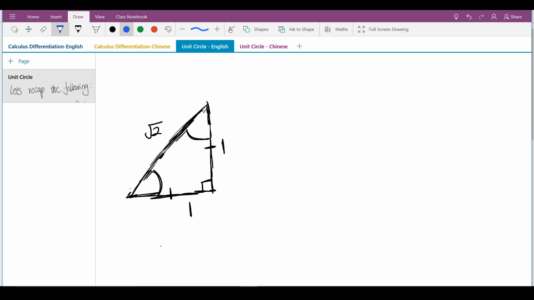We also know that there are 180 degrees or pi radian in any triangle.